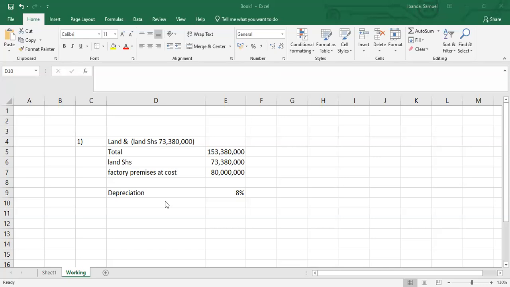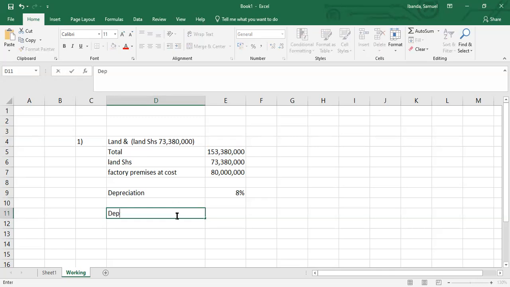If it's a reducing balance method, it means I have to first find the net book value, because depreciation on reducing balance is basically given by the percentage of depreciation multiplied by the net book value or carrying amount.